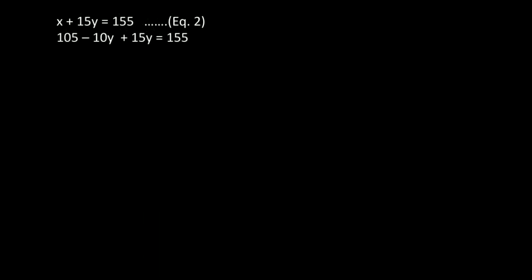It means put the value of x, 105 minus 10y, plus 15y equals 155. 5y equals 155 minus 105. 5y equals 50 and y equals 50 upon 5. That is y equals 10.